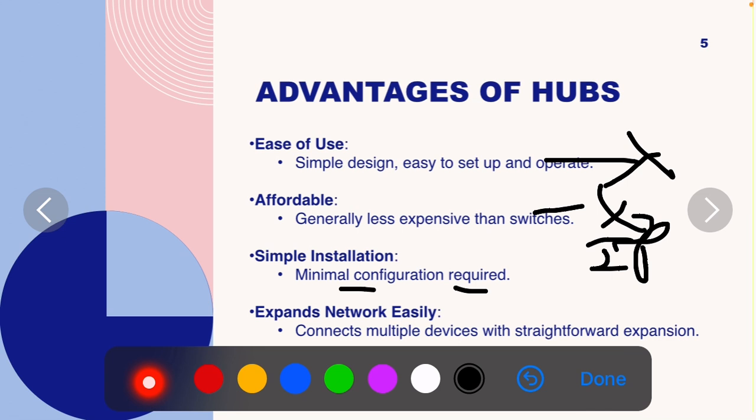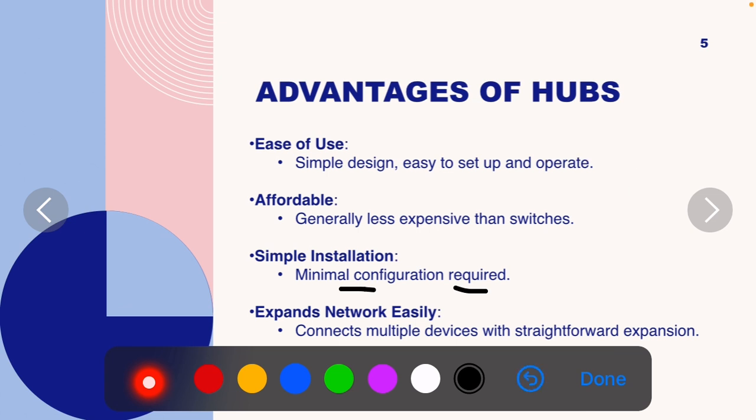Users can connect devices and start communicating almost immediately. So you can start communicating immediately with the help of hubs. This simple installation is an advantage of hub. Then next is expands network easily.